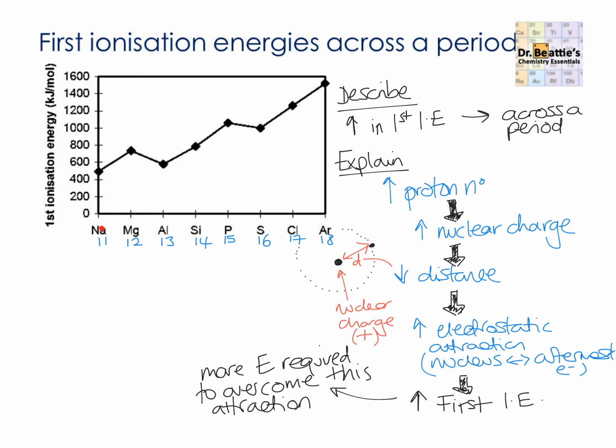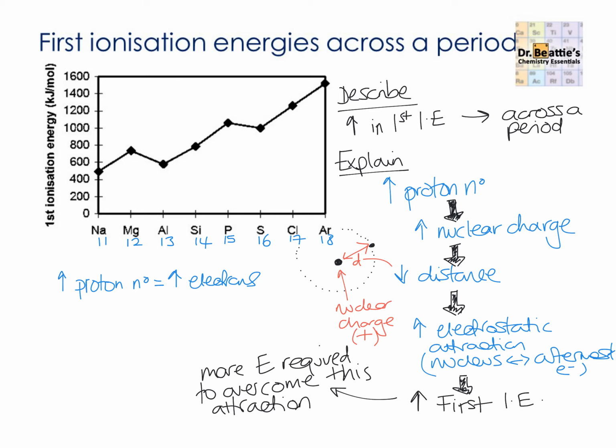Now some of you might be wondering, well, hold on, because we're increasing the proton number, we're also increasing the number of electrons in our element? And surely this may have an effect on the shielding or the distance. However, because we're in the same period here, these increased electrons are all entering the third shell, as it's period 3.